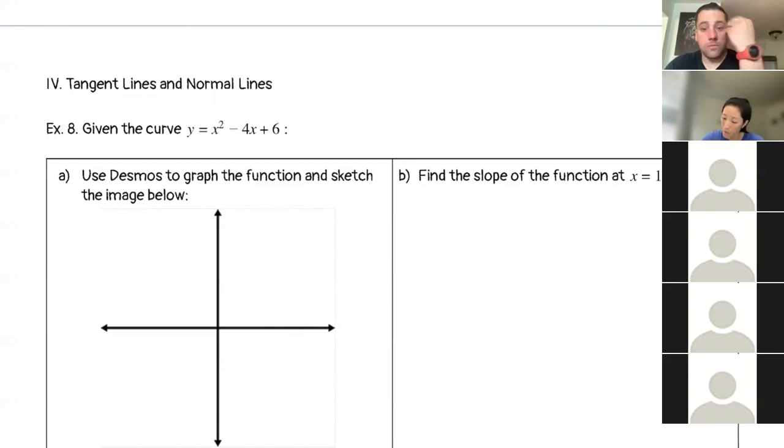And so we're going to start off with this function, y equals x squared minus 4x plus 6. And you are welcome to use Desmos to graph the function. And if anyone has any general descriptions, like what this curve might look like, go ahead and put that into the chat. And we can sketch a diagram without being too accurate right now, okay?